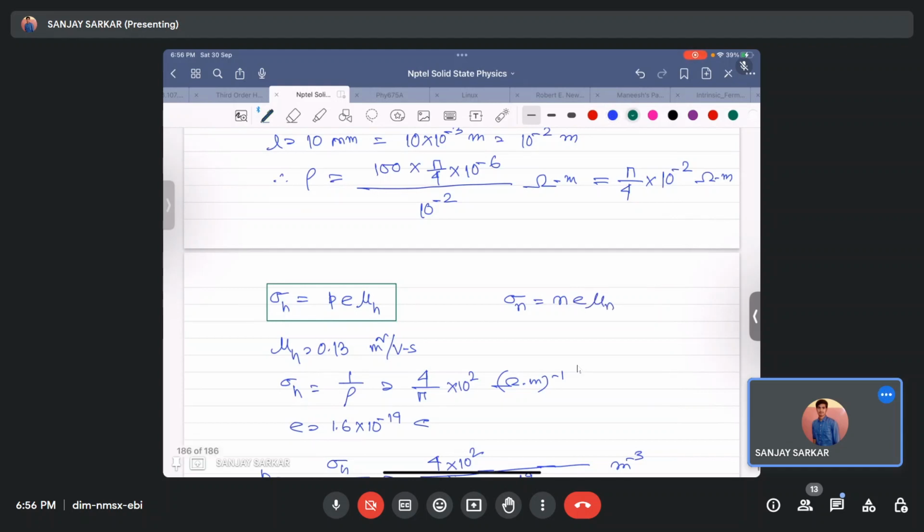So this is the formula, and if you want to know the total conductivity, you need to sum these two. So the total conductivity sigma is sigma h plus sigma n.